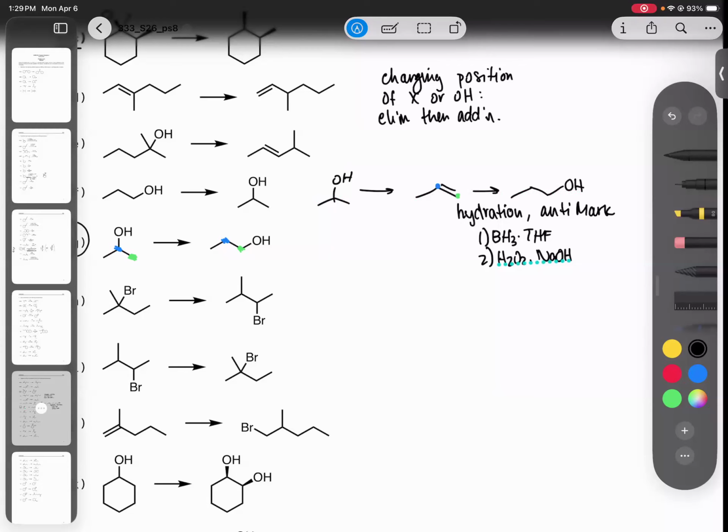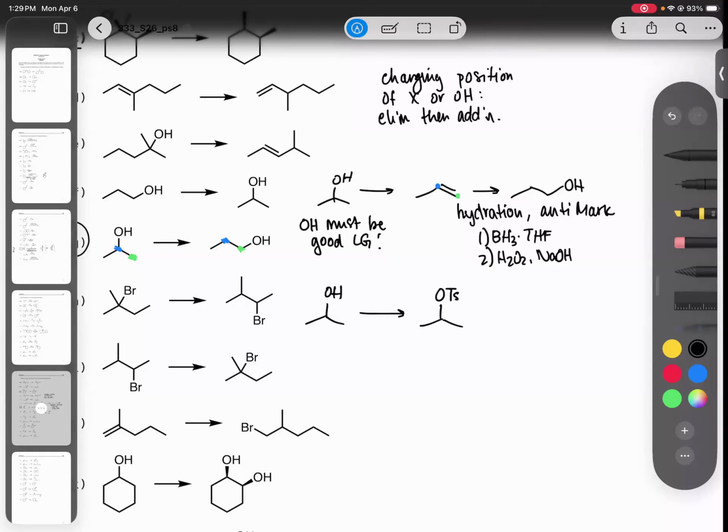The first half, though, is a bit more complicated, because we have to make the OH into a good leaving group. In order to do that, we actually need another intermediate, and that is the tosylate.